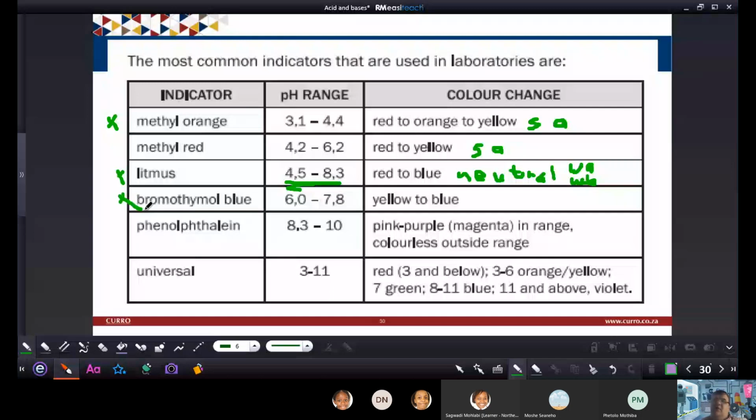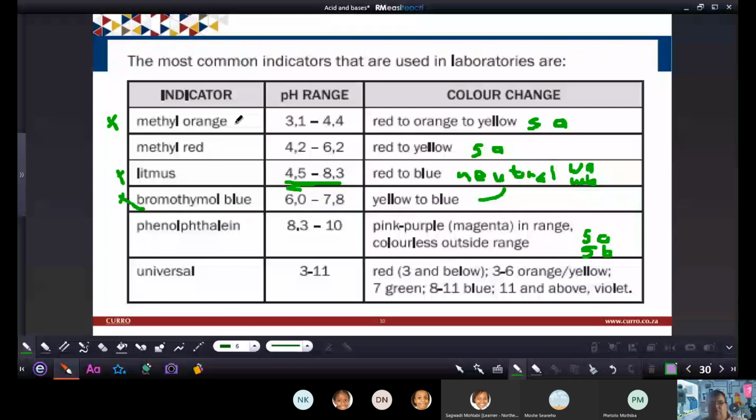We will have a neutral, we will have a weak acid, we will have a weak base. Okay. Then for phenolphthalein, we will have a very strong acid, or we will have a very strong base as well. Okay, so this is important.